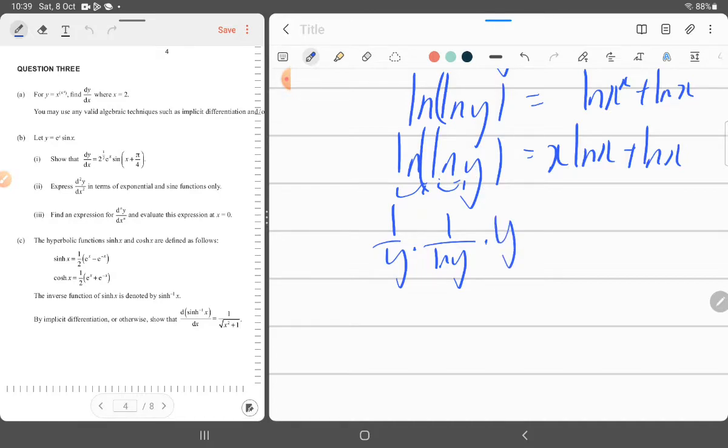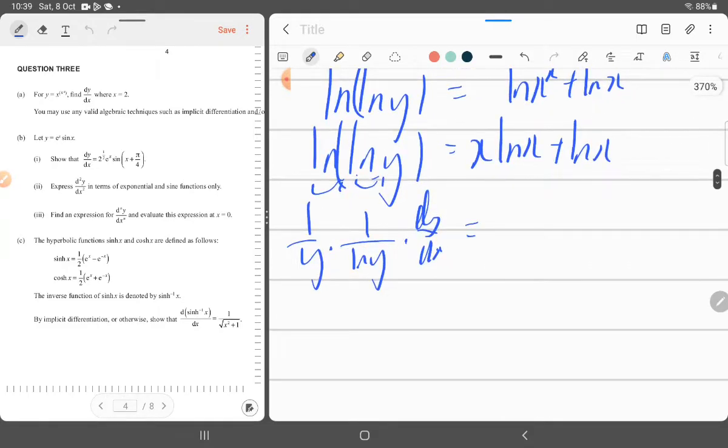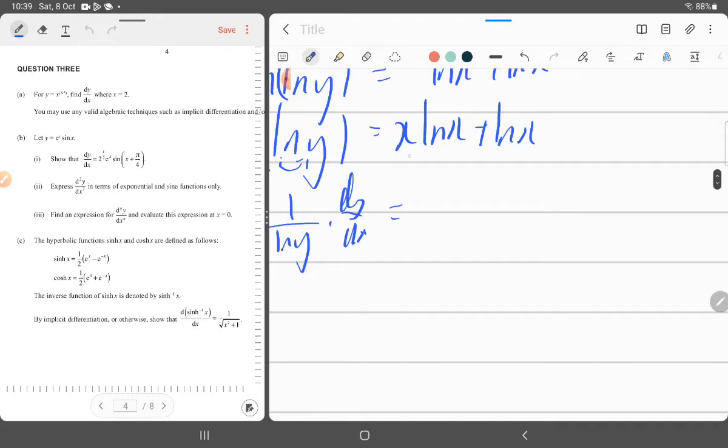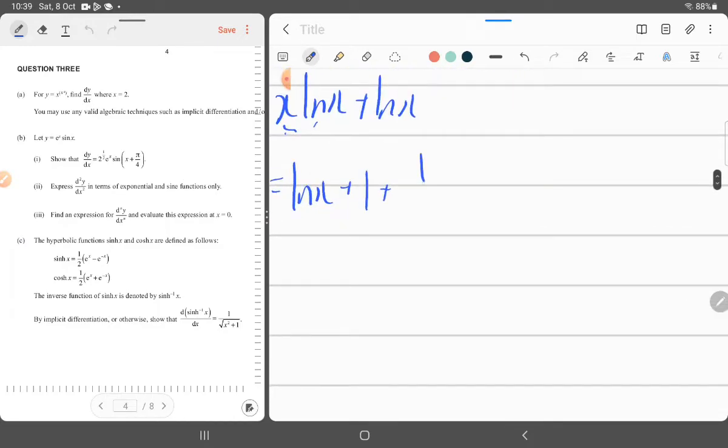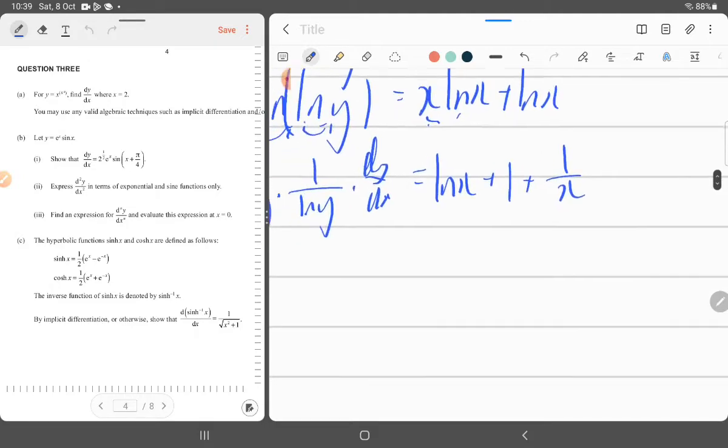Wait, is that true? Oh no, wait, no, times dy over dx. Oh no, I'm correct. Since we did a dash b, which is f dash g, which is natural log of x plus g dash f, which is 1 over x times x, so that's just 1 times 1 over x. Derivative of that.